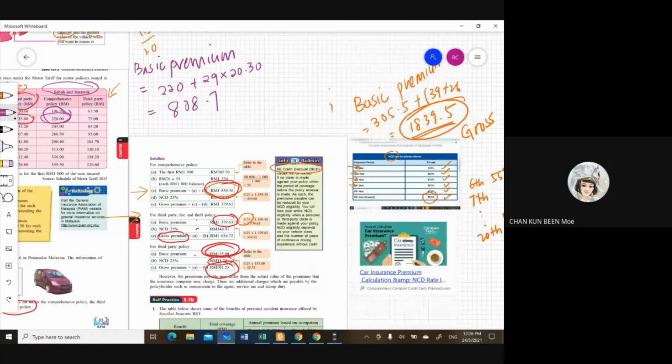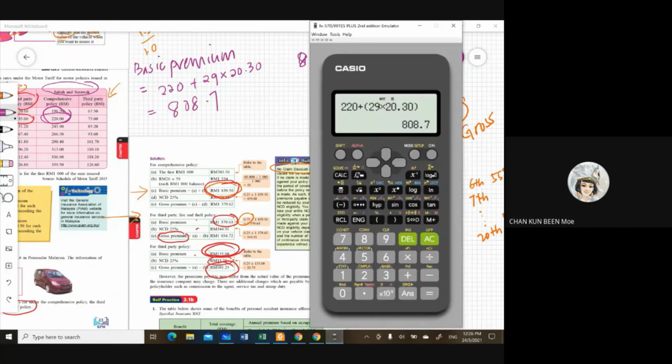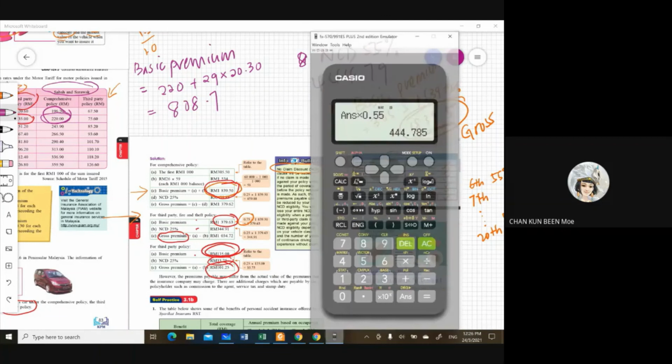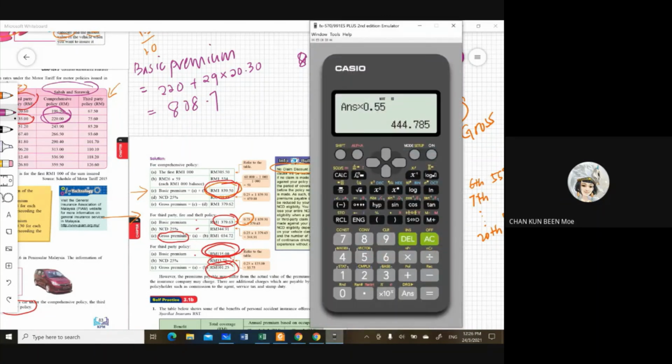Then my NCD is 55%, so I need to calculate my NCD. From the amount that I have over here, I'll multiply by 0.55. NCD is 444.79. Which means from the basic premium, I have to minus the NCD.